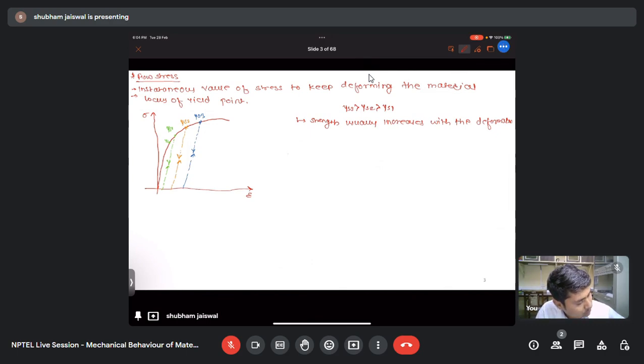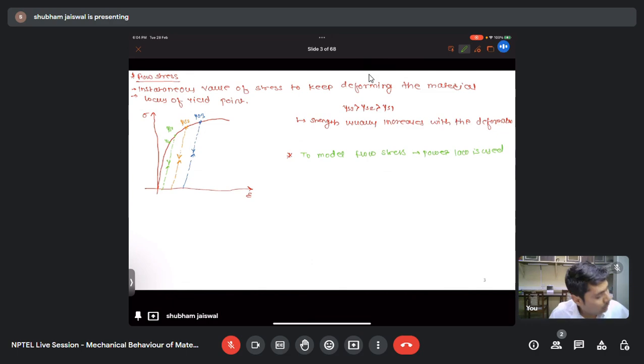So to model flow stress, one equation is used, and that equation is known as the power law.